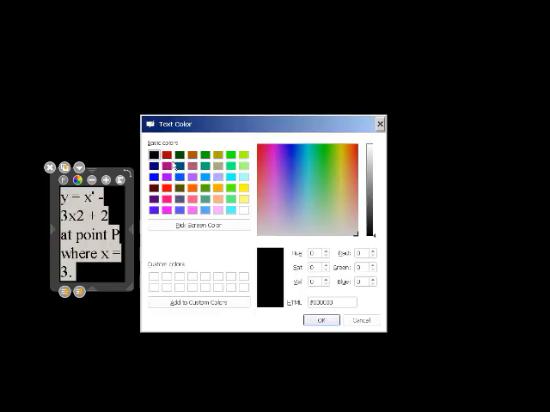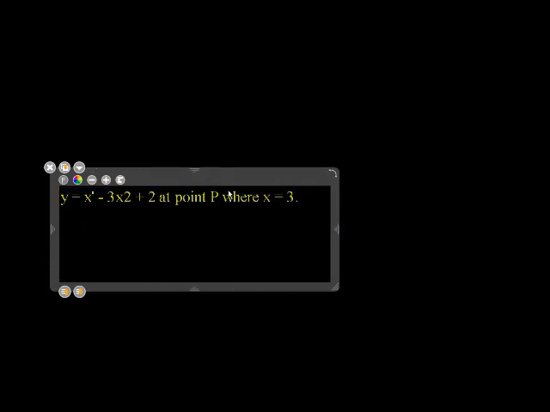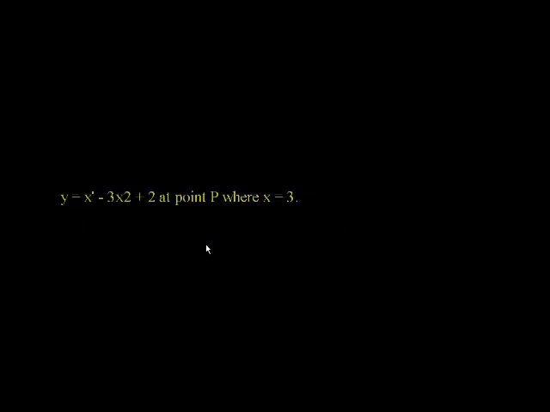Now let us have another example of finding the gradient. Okay, so the question is y is equal to x raised to power 3, and let me write it down quickly. y is equal to x to the power of 3 minus 3x to the power of 2 plus 2.